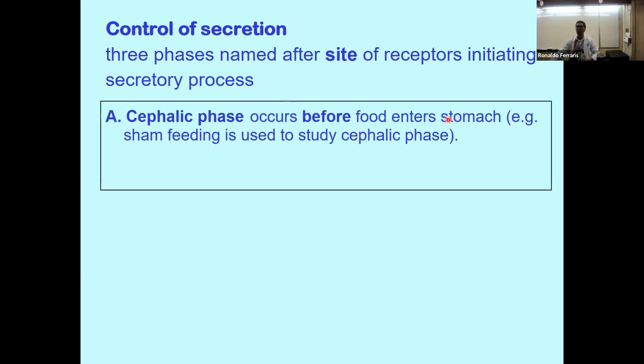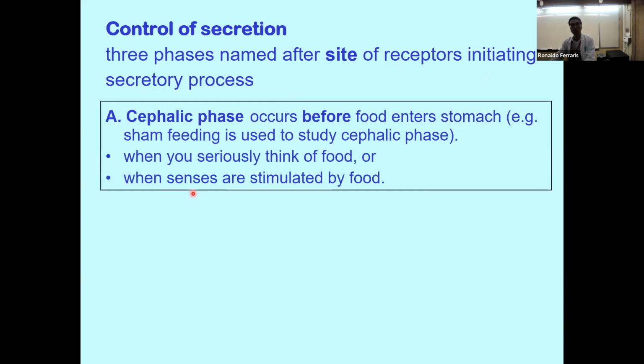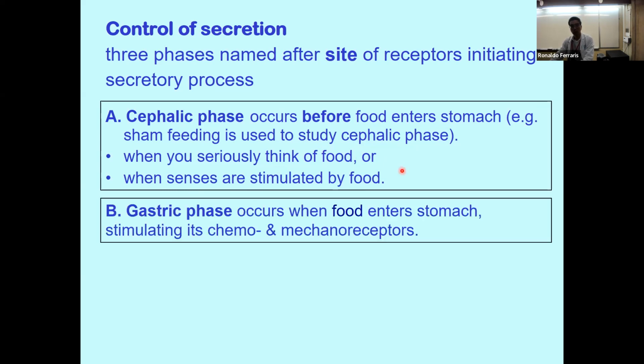If you're driving home and you know that your partner is cooking your favorite food because you just learned GI physiology, then thinking about that alone would already initiate the process of secretion. So this is when you seriously think of food or when your senses are stimulated by food.